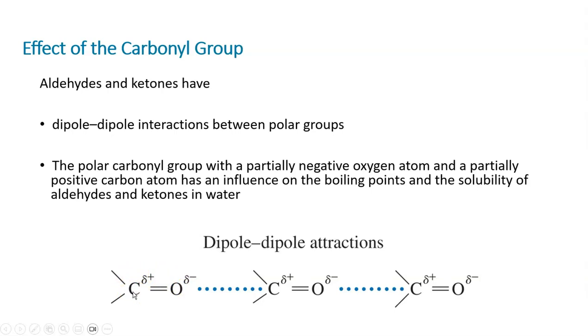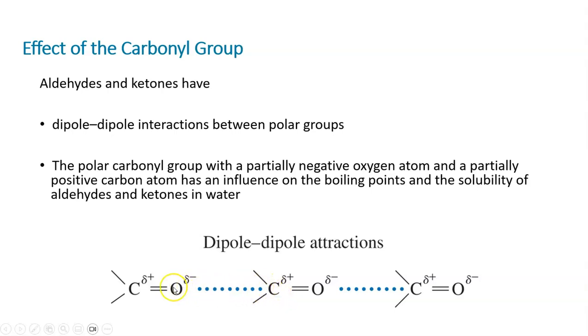Now, when there are multiple molecules, maybe aldehyde molecules or ketone molecules, close together, a dipole-dipole interaction can occur between this partially negative oxygen atom and a partially positive charge on the carbon atom of a different molecule.